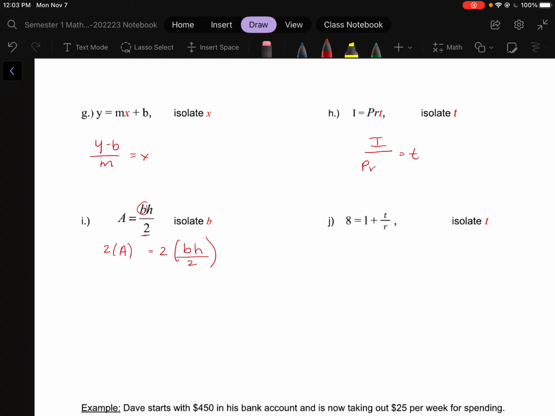Therefore, we'll be left with 2A and then just BH. Now we need to isolate B, so we're going to divide out our H on both sides. Once we do that, we are left with 2A over H equals B.